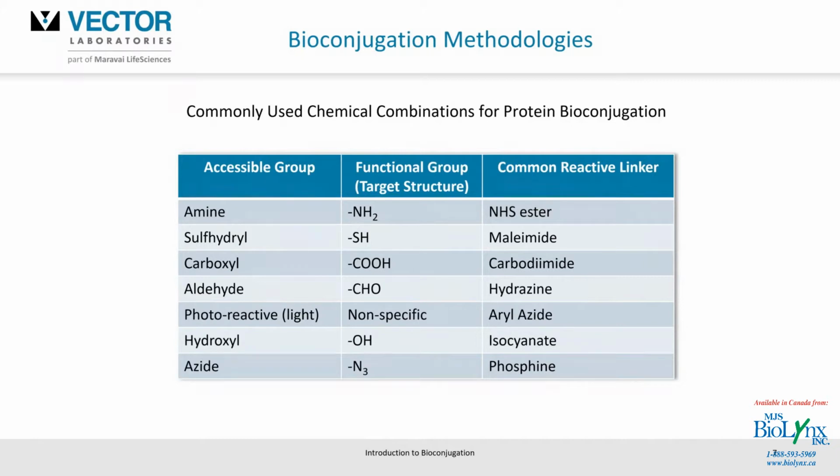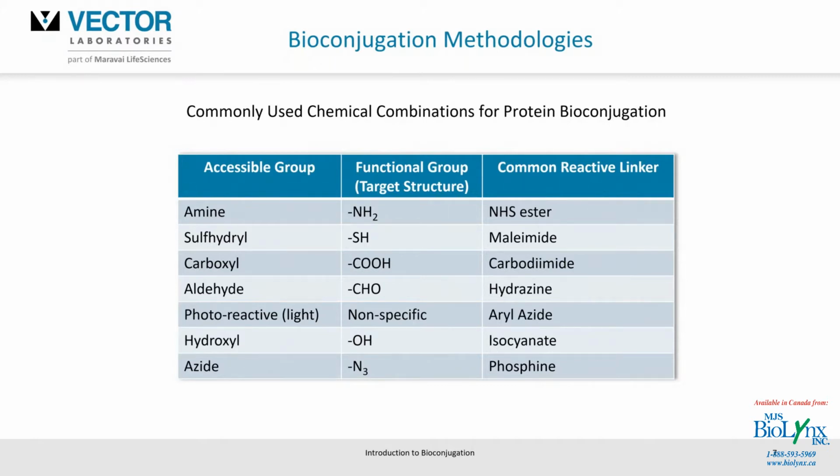And that maleimide may then be conjugated with a biotin or a fluorescein itself, but the antibody would have to be modified. The same thing with some of these other groups like aldehydes and azides, which are not present on antibodies, so the antibody itself would have to be modified in order to use a given linkage or reactivity or bioconjugate methodology.